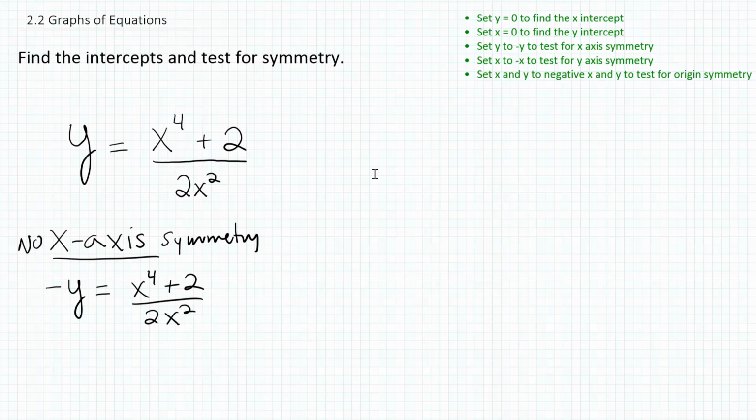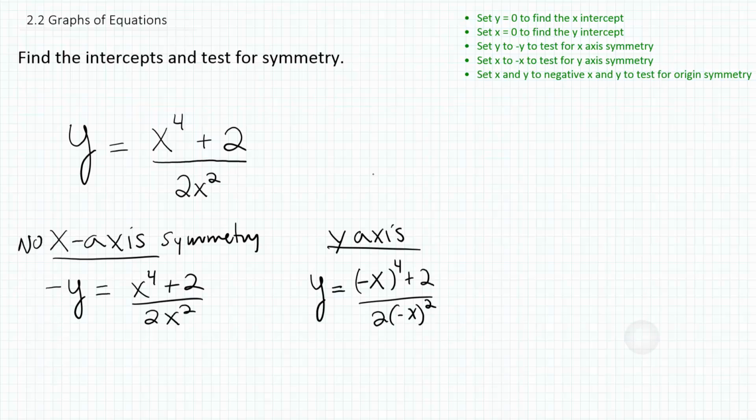Okay, let's go ahead and test it for y-axis symmetry. For y-axis symmetry, we set the x negative and see if everything stays the same. So y is equal to negative x raised to the 4th power plus 2 over 2 times negative x raised to the 2nd power. Well, as we discussed a moment ago, when you raise something to an even power, like negative x to the 4th power, it just becomes x to the 4th because the negative sign will disappear and become positive.